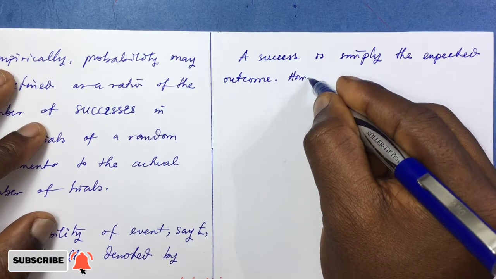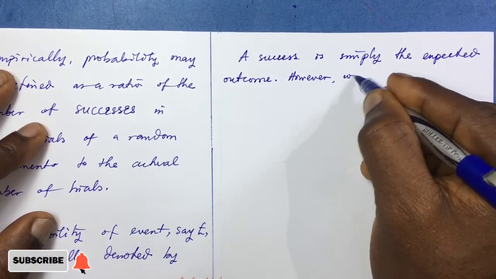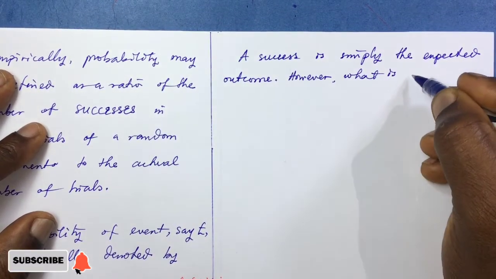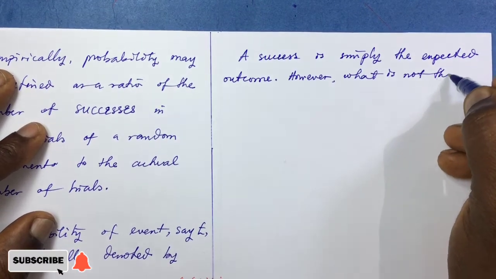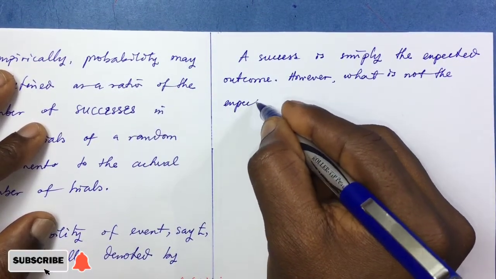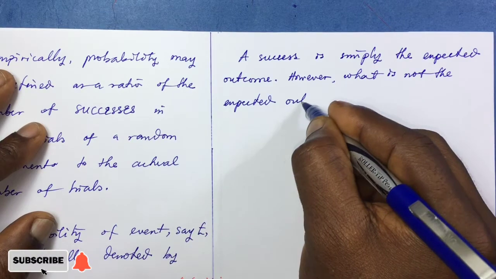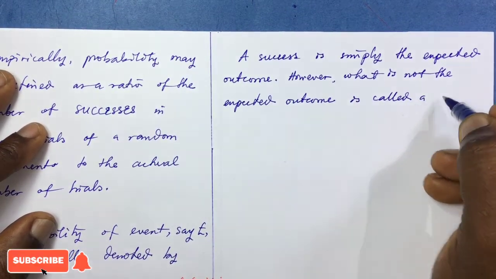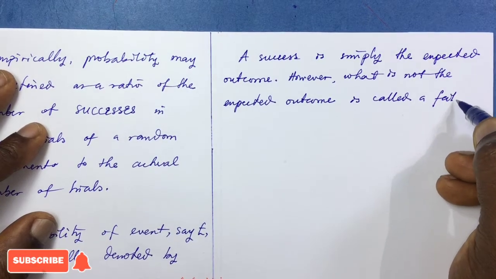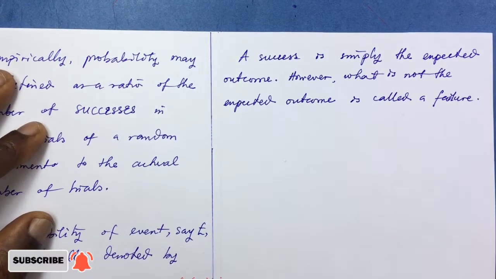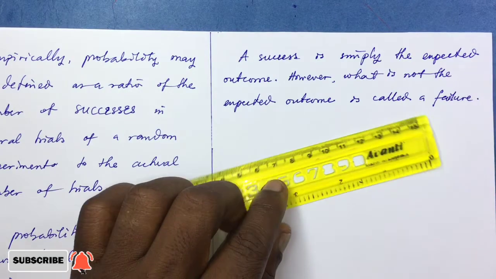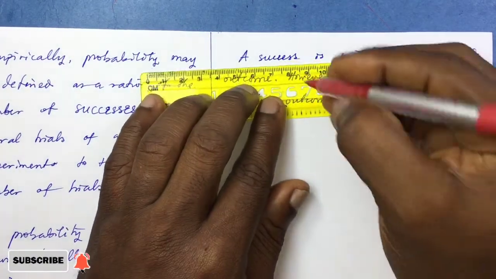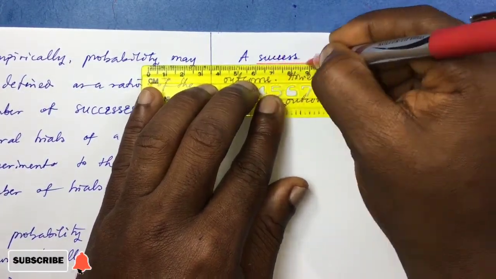However, what is not the expected outcome is called a failure, while what is the expected outcome is a success.